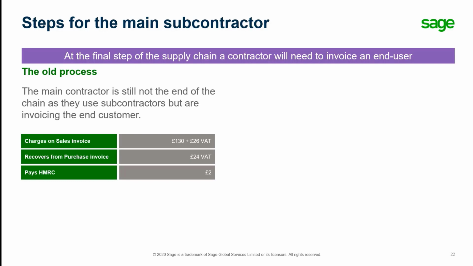So again, under the old process, they would recover the £24 VAT charged by the larger subcontractor, and on their invoice to their customer, they would invoice £130 plus £26 VAT. Again, this means that they would owe HMRC £2.